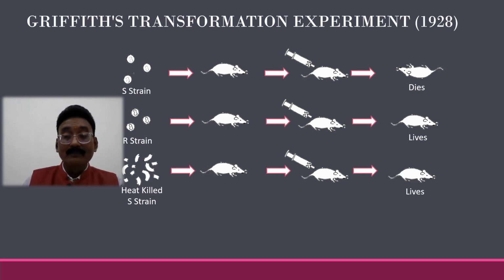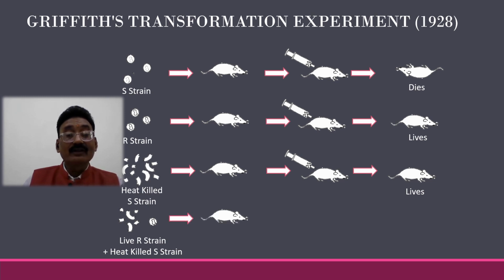Then he performed an experiment in which a mixture of heat-killed S strain and live R strain was used. When this mixture was injected into mice, the mice died.